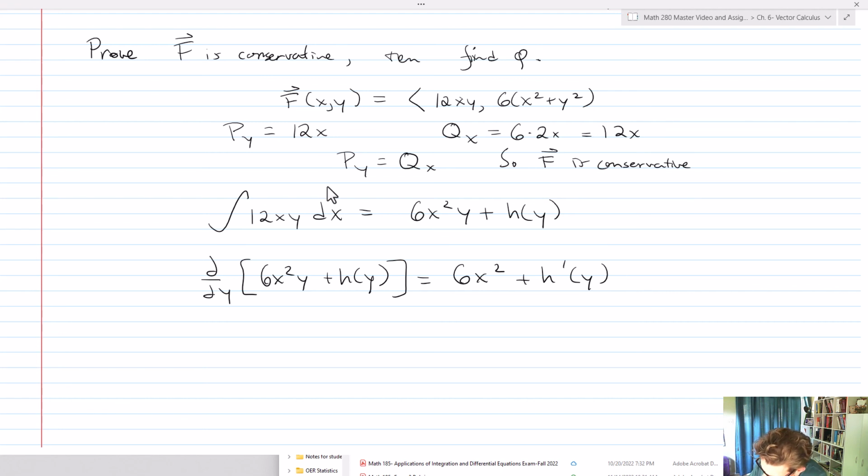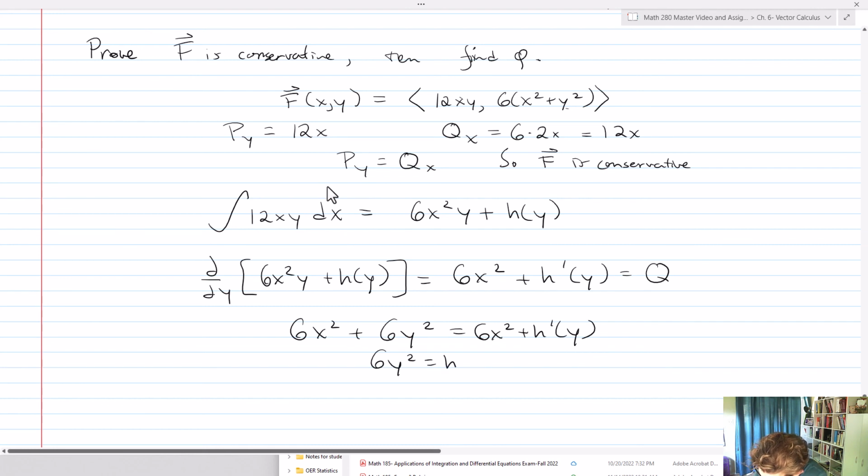I'll make a comparison then to my q, or my phi of y. So this is going to equal q. So I've got 6x squared plus 6y squared equals 6x squared plus h prime of y. So 6y squared is going to equal h prime of y.